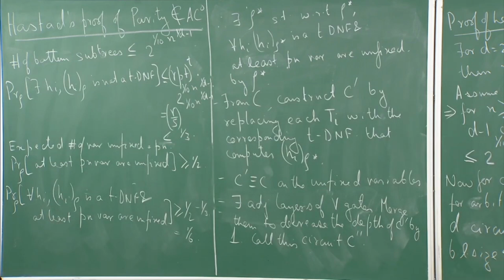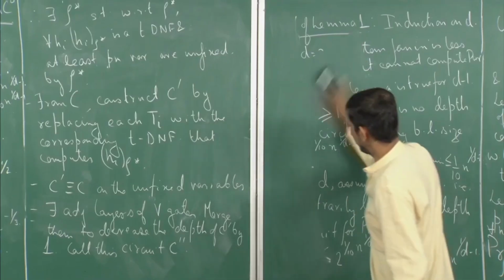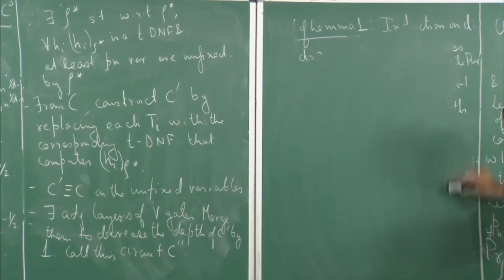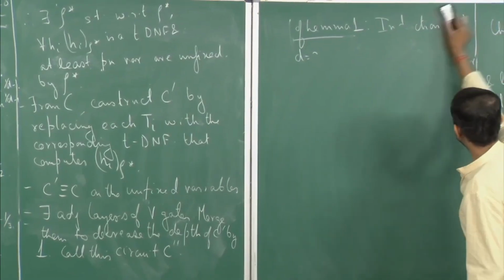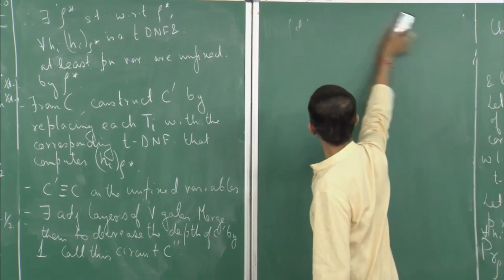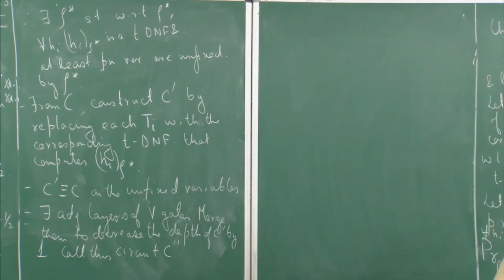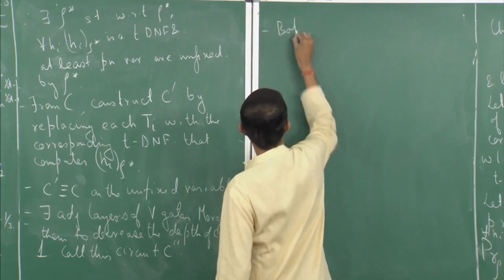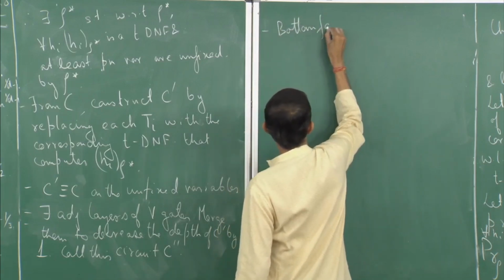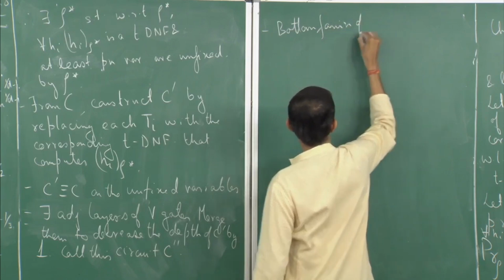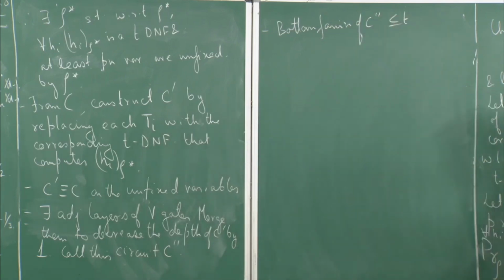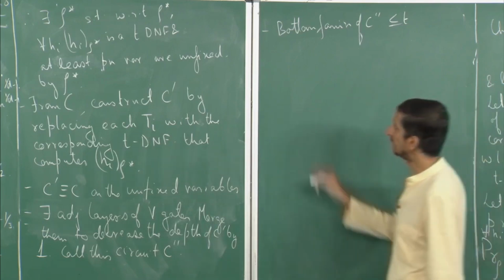By the construction, C double prime has depth 1 less, and now we will argue about the bottom fan-in and the size of C double prime. So, the bottom fan-in of C double prime is still bounded by T. I am not changing anything at the bottom.